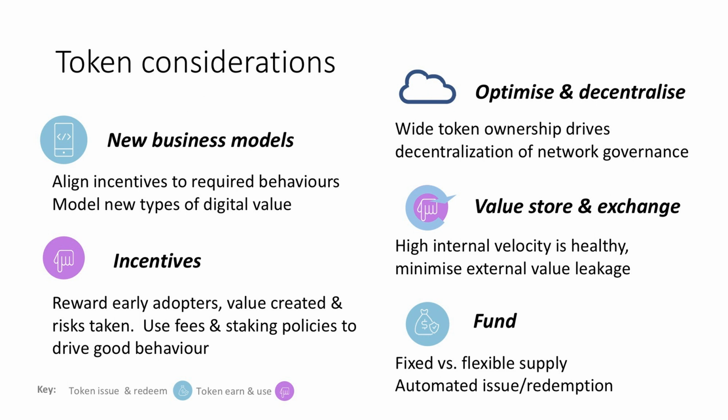Now, as we look at this incentive, we do need to try to encourage the initial adoption of the network. So we may even give away tokens up front to try to bootstrap and get a network going. We certainly want to reward early adopters, but we don't want to disproportionately reward early adopters.